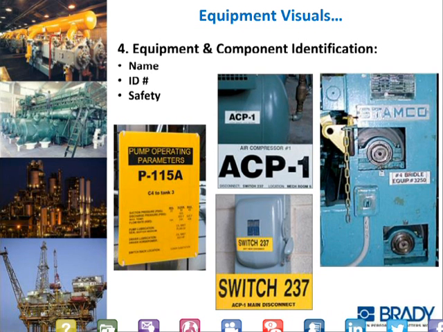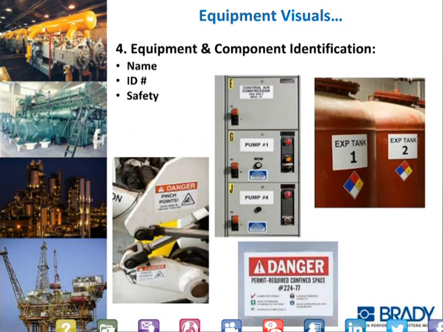Moving along to some other equipment visuals, you can see expansion tank 1, expansion tank 2, and off to the right, labeling the electrical controls for the different pumps, the pump numbers, and of course labeling your safety with pinch points and so on, the permit requirements, standard or customized labels on the equipment.